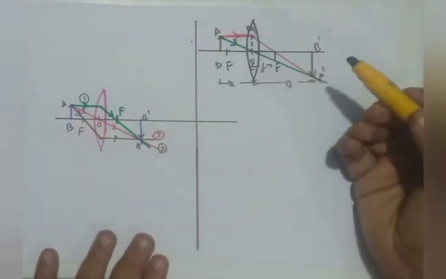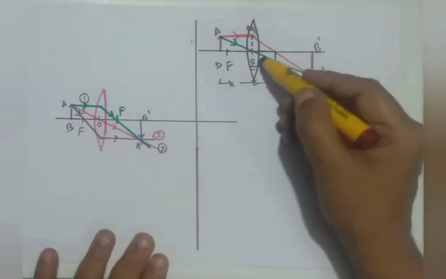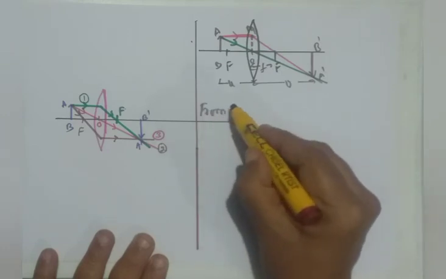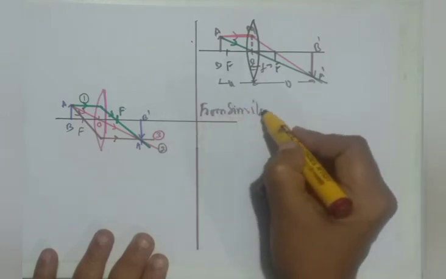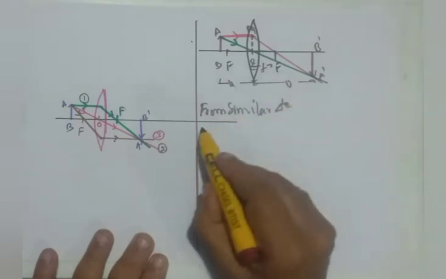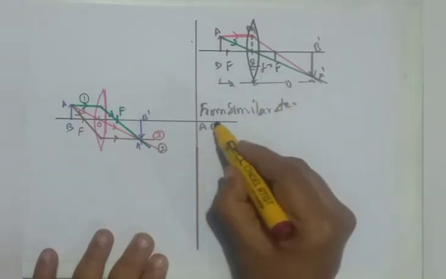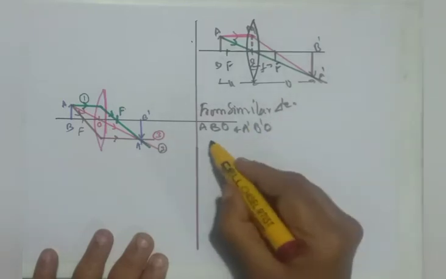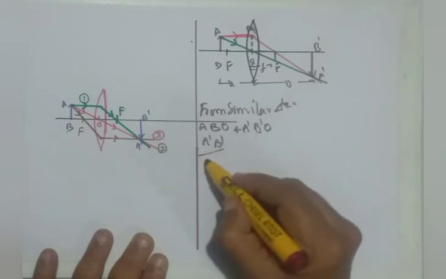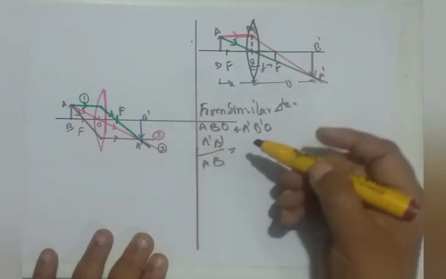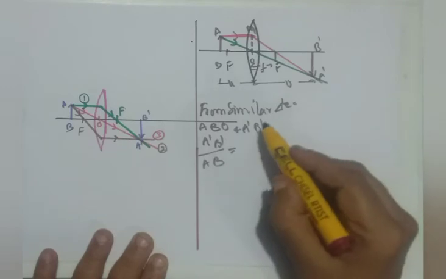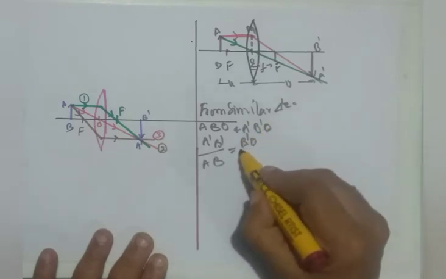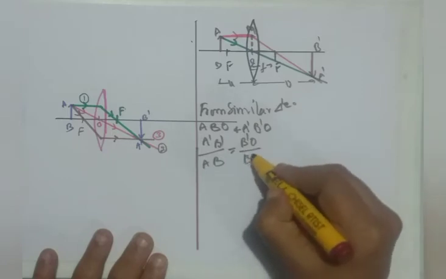Just observe, in the similar triangles ABO and A dash B dash O, we write from similar triangles, the first pair is ABO and A dash B dash O. A dash B dash by AB is equal to B dash O divided by BO.